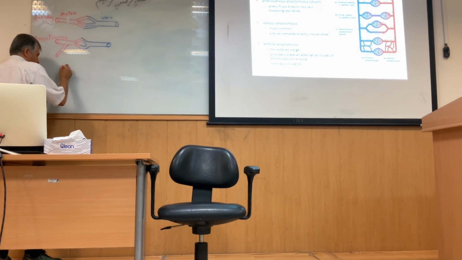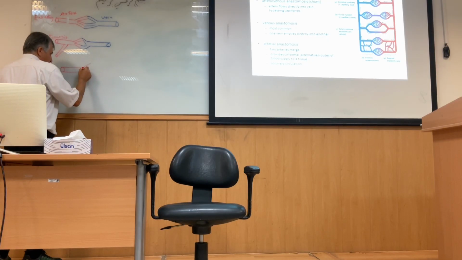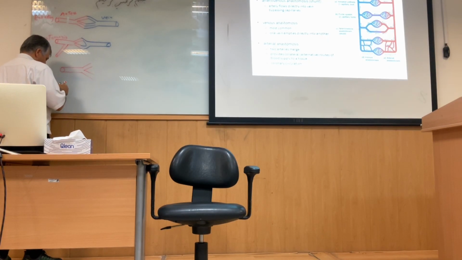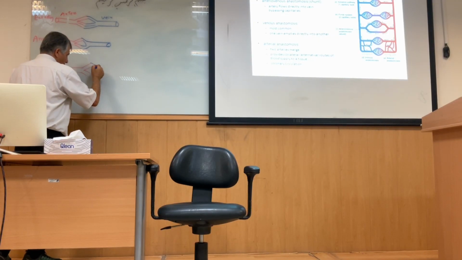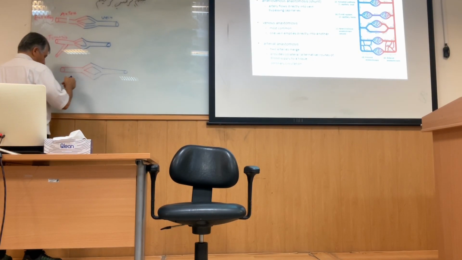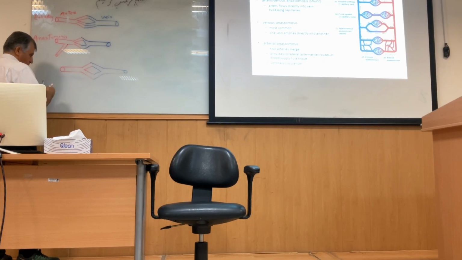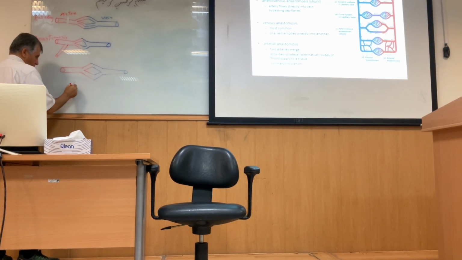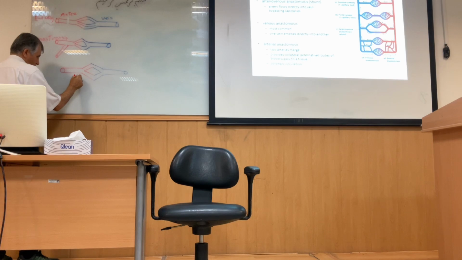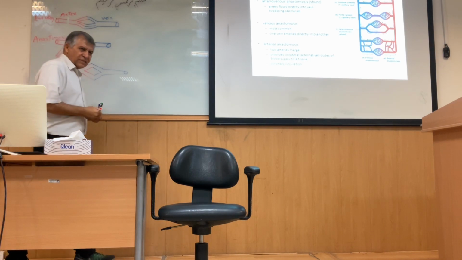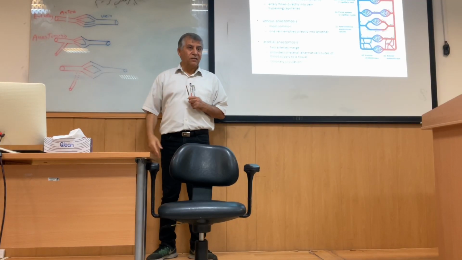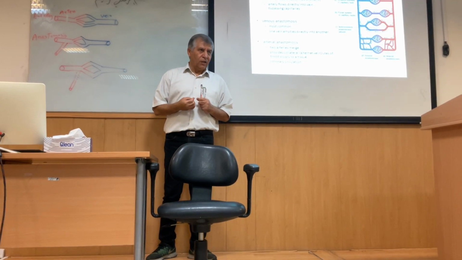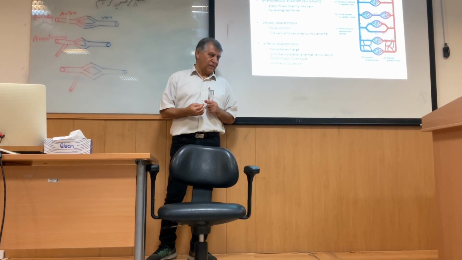Artery changes to capillary, changes to vein. Okay? You can see this structure. What is this? This one is called potential anastomosis.